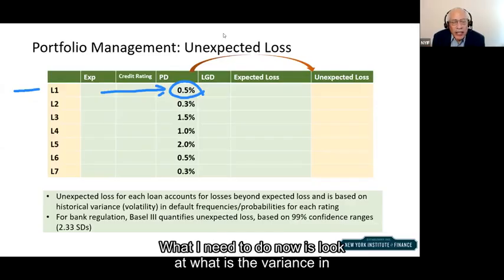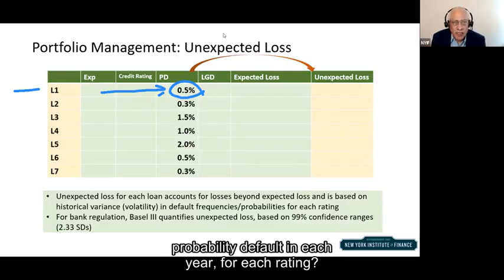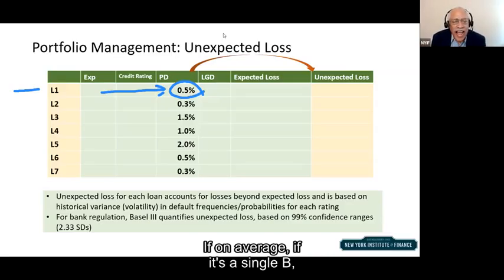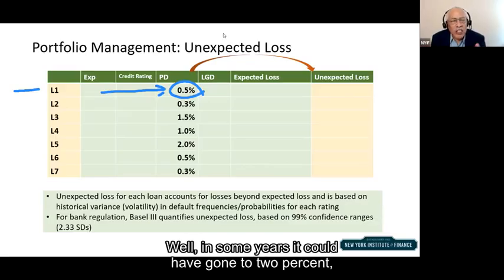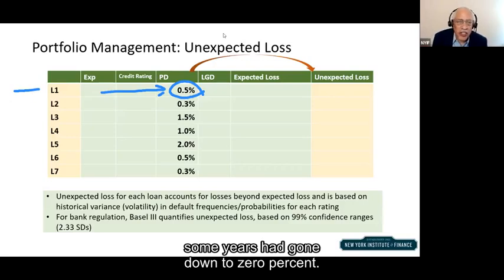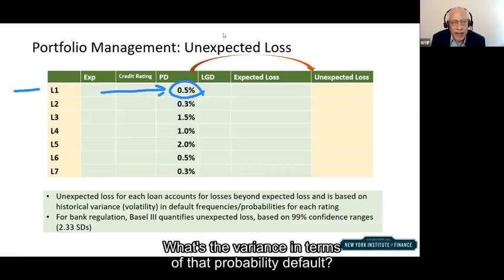So what I need to do now is look at the variance in probability of default in each year for each type of loan, for each rating. If on average for a single B the default frequency was 0.5%, well, in some years it could have gone to 2%, and some years it went down to 0%. So what's the variance in that probability of default?